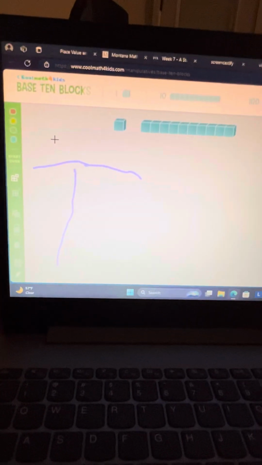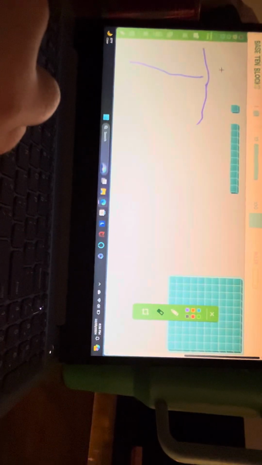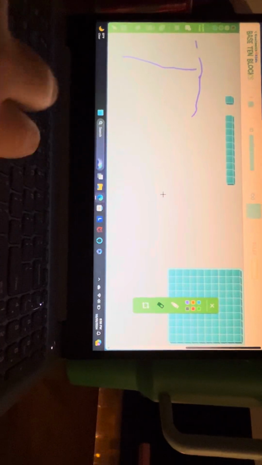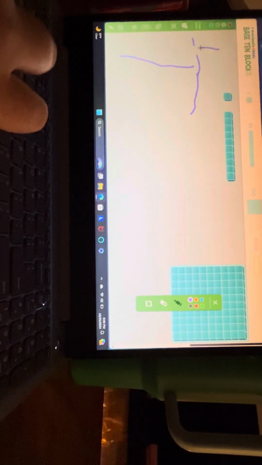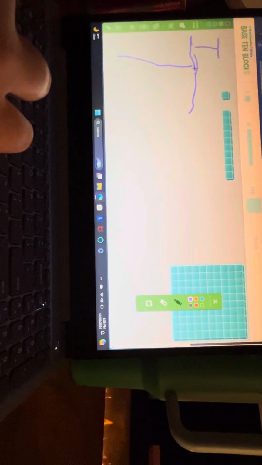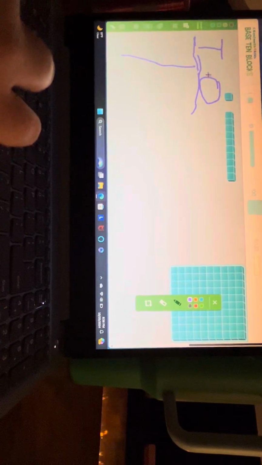So for our 10s place, okay, so one little trick I learned was to put your 10s place in one area, so on the left side, and your 1s place on this side.